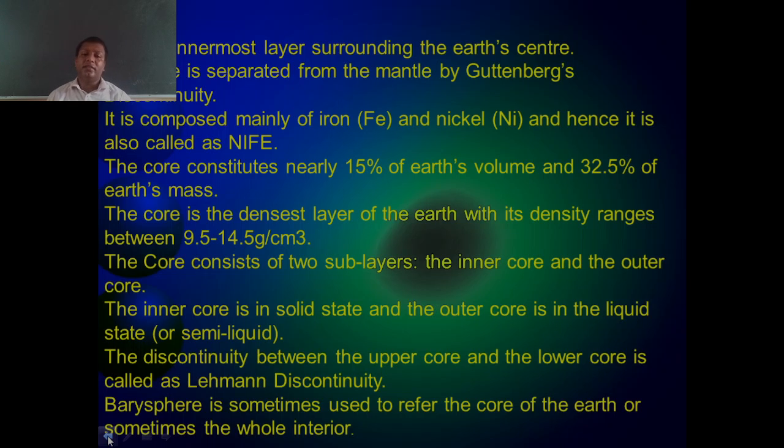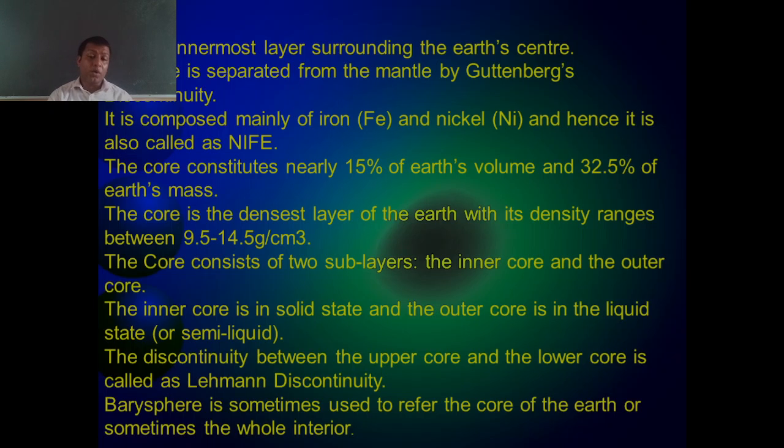The density of this layer of the earth is between 9.5 to 14.5 gram per cubic centimeter. As you know, it is in a semi-liquid state: the outer core is in a liquid state, and the inner core is in a solid state.